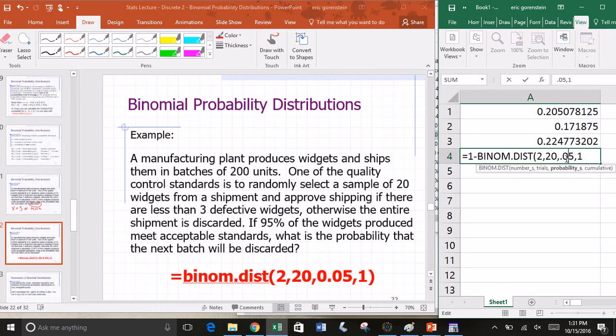So the 0.05 is the probability of 1 success. Well, in this case, success is a defective widget. So the batch is discarded if there are 3 or more defects. So the probability of 1 defect is 5%, and we want the complement of 0, 1, and 2. So it looks like we have about 7.5% of batches are discarded.